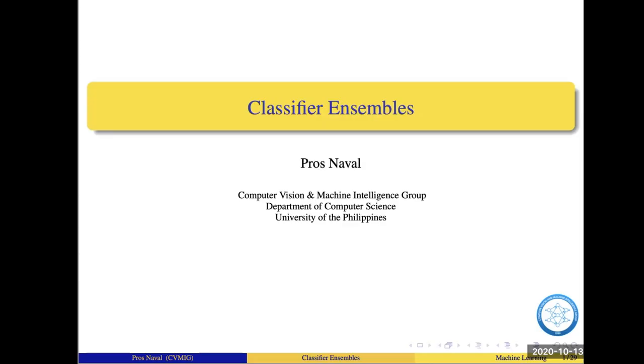Now, instead of covering each of the many different instantiations of what constitutes a classifier ensemble, today we will only discuss the important notions and basic principles in order to understand the growing literature on this subject.